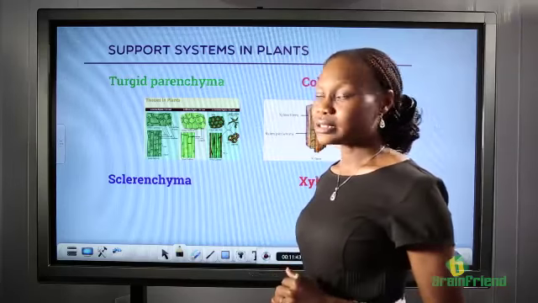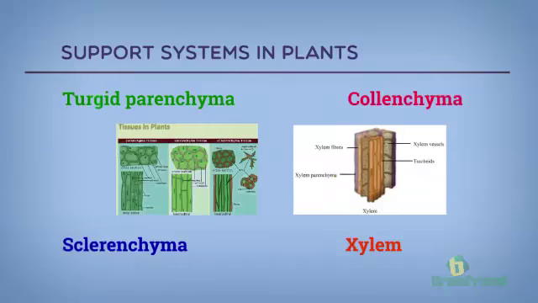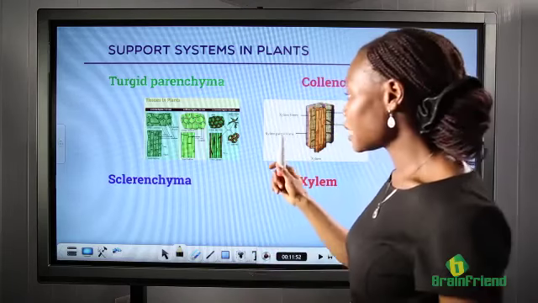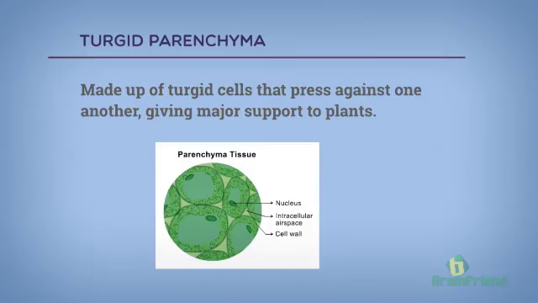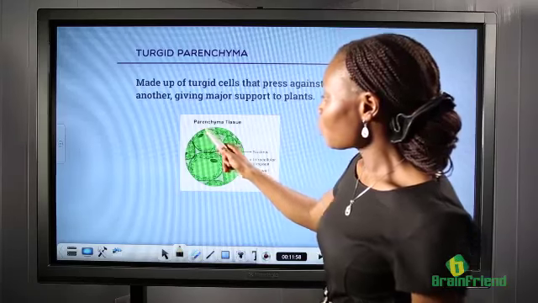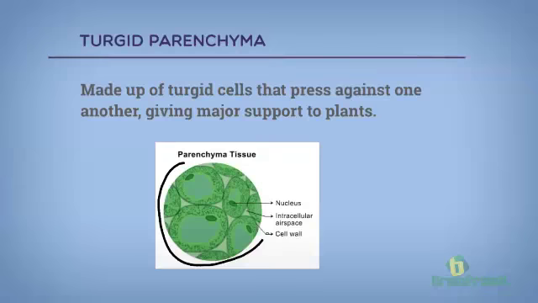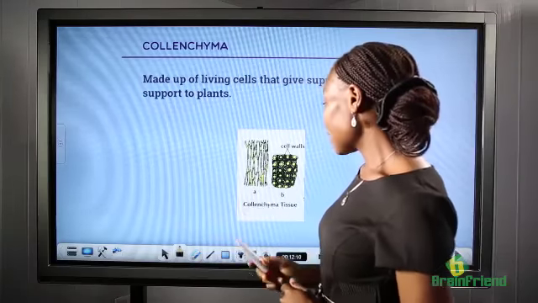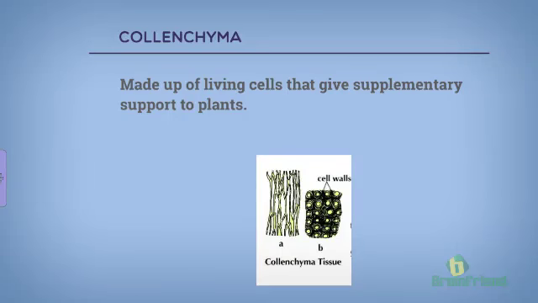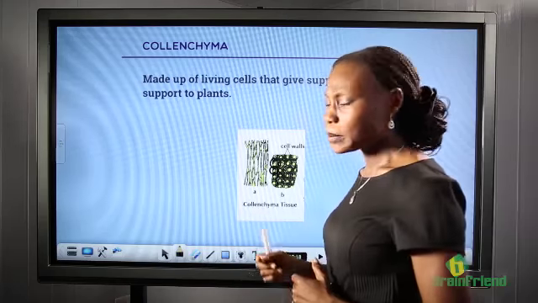Plants, on the other hand, remember we said the turgid parenchyma, the sclerenchyma, the collenchyma, and the xylem are the structural supports the plants have. The turgid parenchyma are made up of turgid cells that press against one another to give firm support to the plant. The collenchyma are living cells that give supplementary support to the plant.